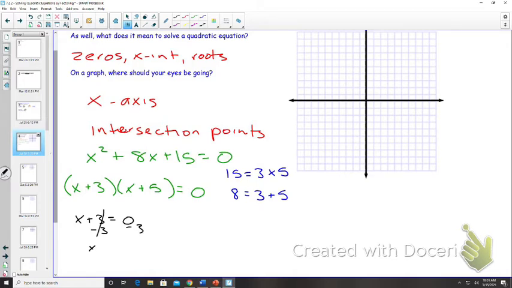Subtract 3 from both sides, so x is equal to negative 3. That's one intercept. For the other one, x plus 5 is equal to 0. Subtract 5 from both sides, x equals negative 5. So our other x-intercept is 2 to the left of it.